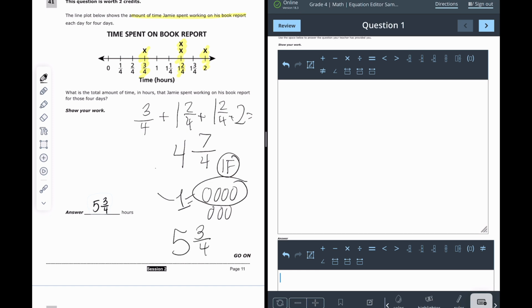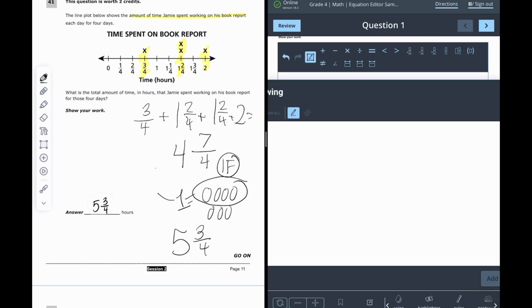How do I show all that in the work? This is the tough part. Okay, so this is what I'm going to do. If I have a pencil, I could just draw this the same way. Oops. When I tried doing that with my pencil, it looks weird. So I have to hit the little drawing picture.